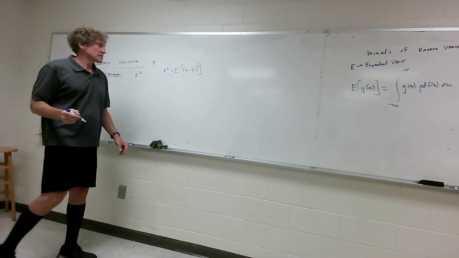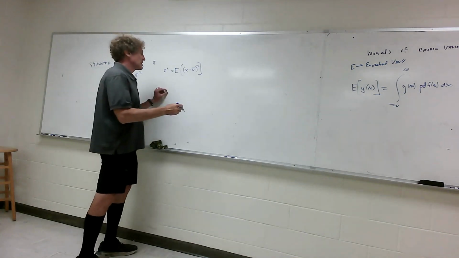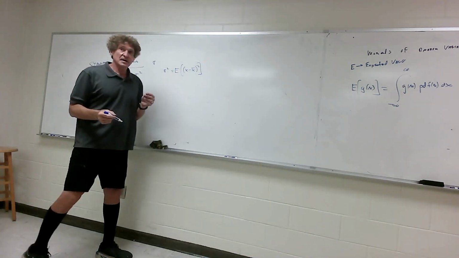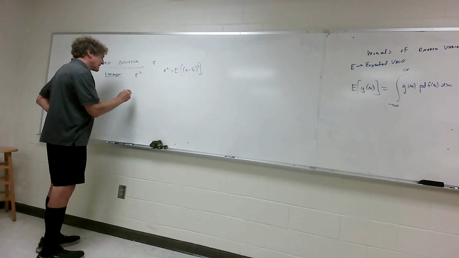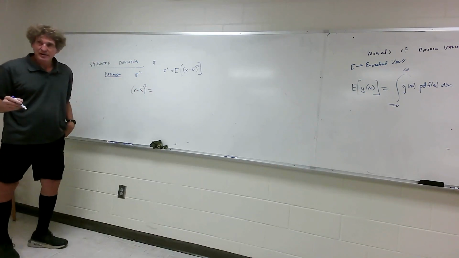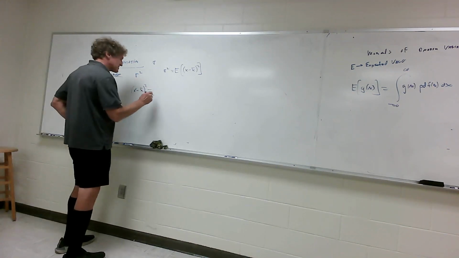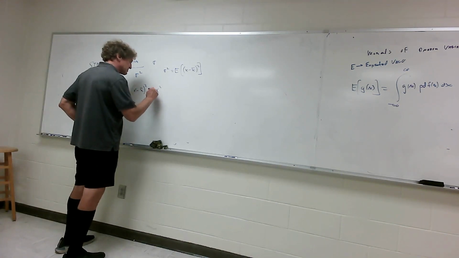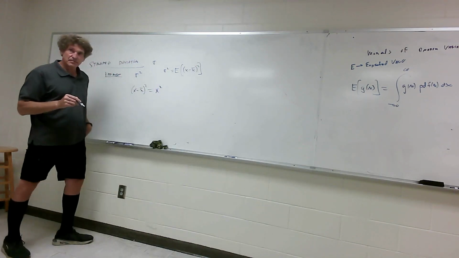So, when I want this, let me just do it this way. If I take x minus x bar and square it, what do I end up with? Well, I end up with x squared. I think everybody sees this. I'm going to have x squared right there, right?